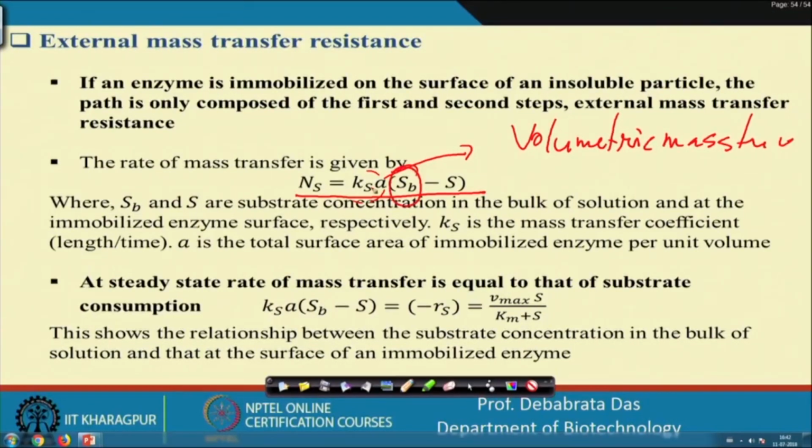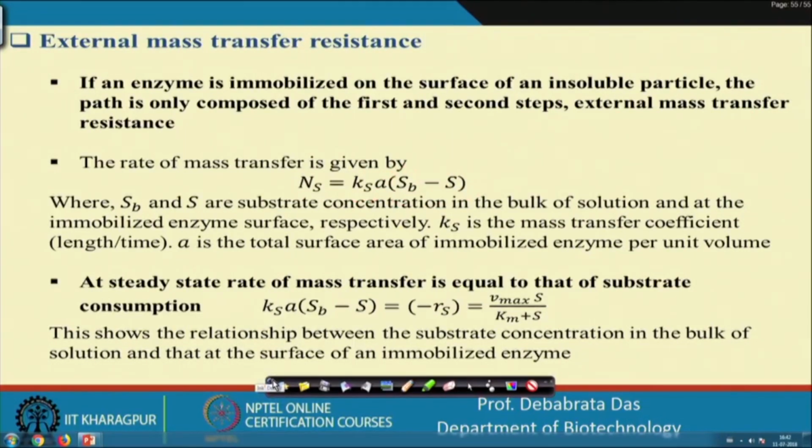Sb is the concentration of substrate in the bulk, and S is the concentration at the surface of the solid matrix. So Sb minus S is considered the driving force. This is the rate of mass transfer, and this is the rate of reaction, so this is equal to this.